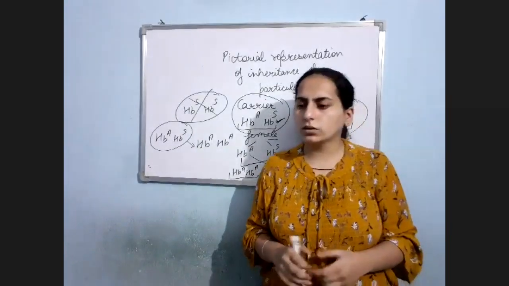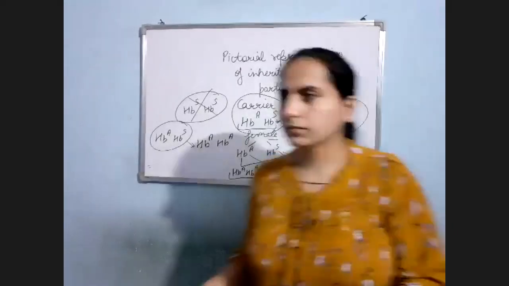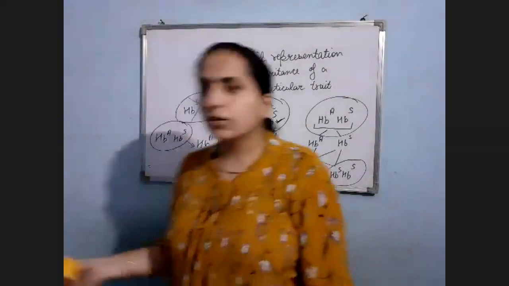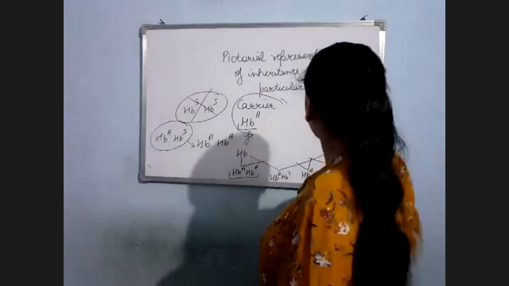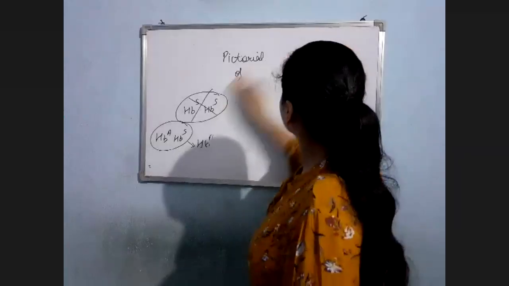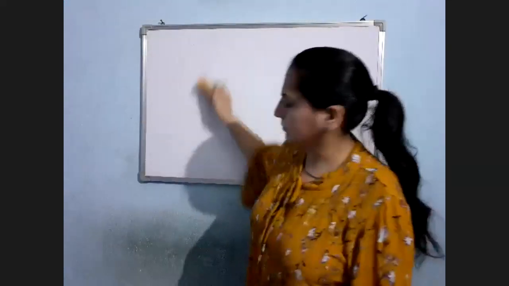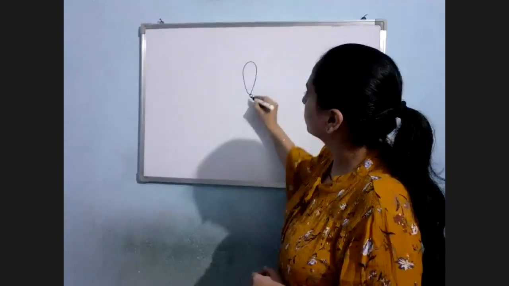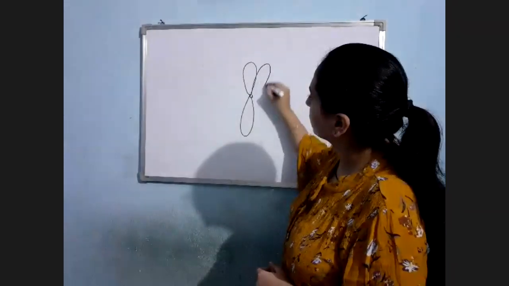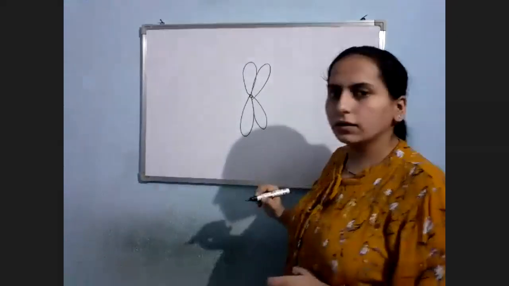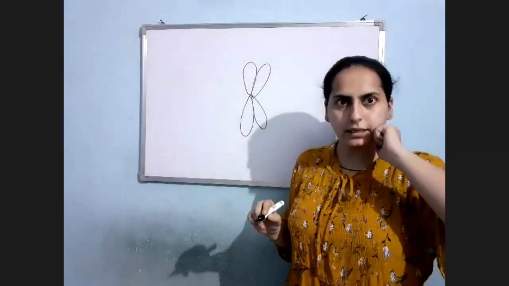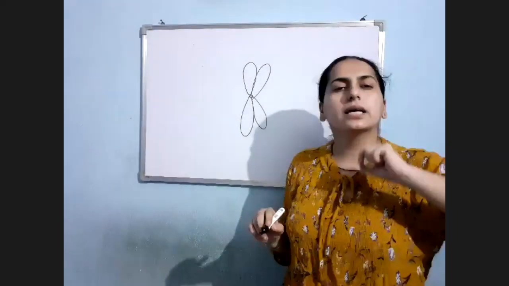Now next doubt. Shivam, what is the meaning of loci? Suppose here I am having a chromosome. Clear? On this chromosome, you know, DNA is present, and on the DNA, a gene is present.